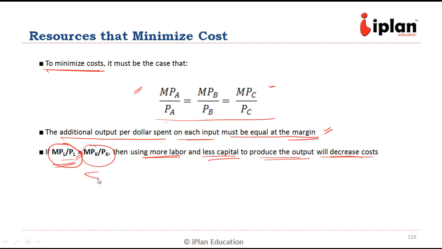If it is the other way around, if the marginal product of capital divided by the price of capital is more, then we hire more capital and less labor. So this is how we take a decision when we are comparing the various factor inputs based on their productivity. Now let us take a few questions here.